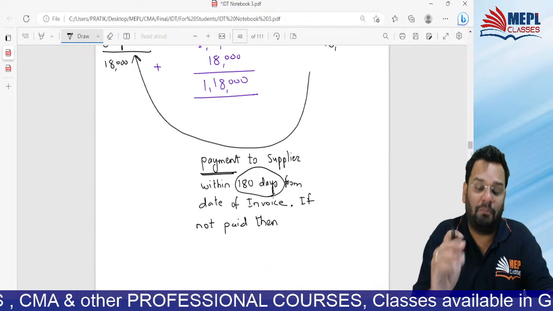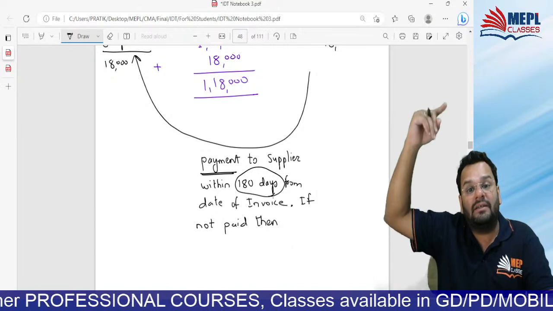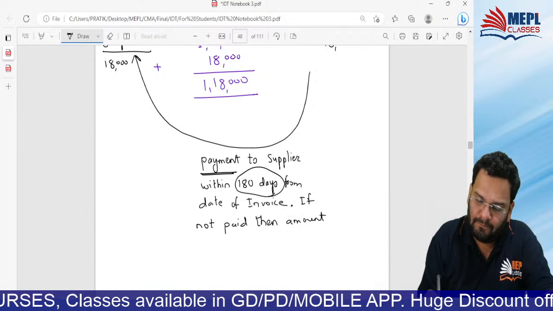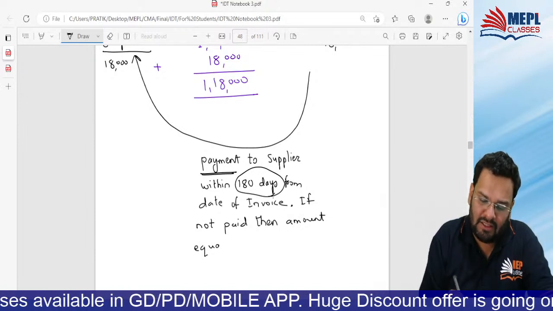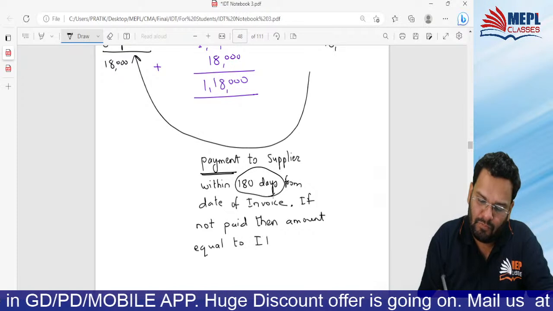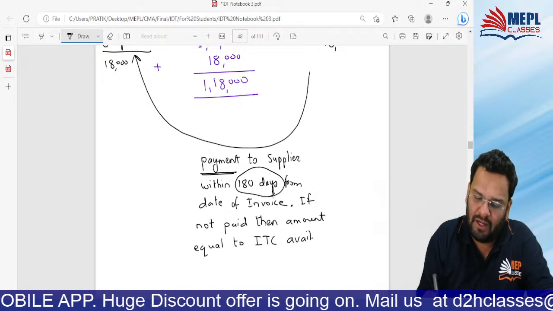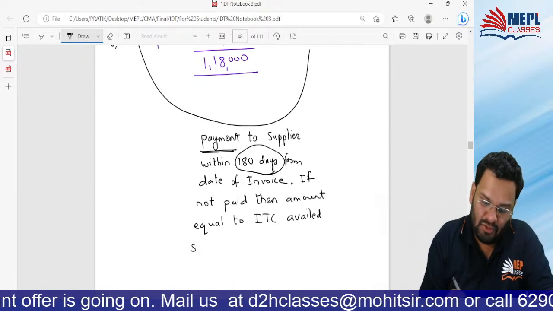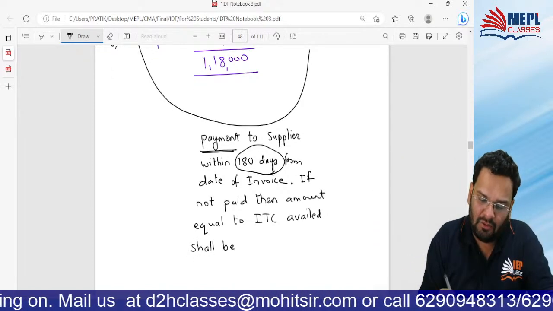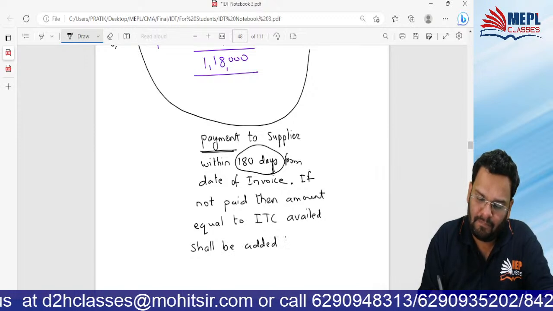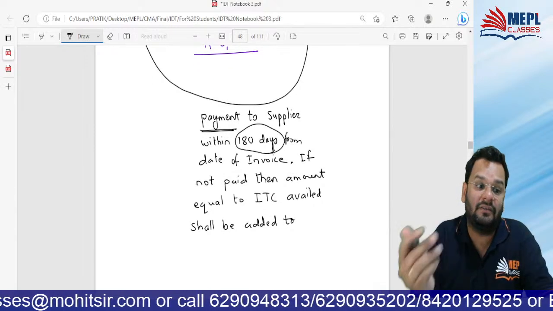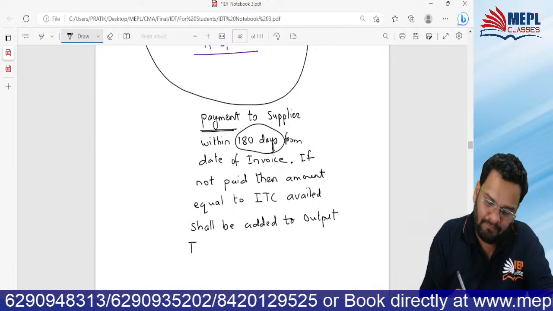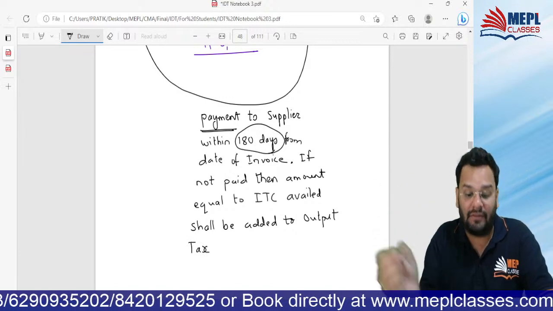Government says if not paid, then an amount equal to ITC availed shall be added to output tax along with interest on it.